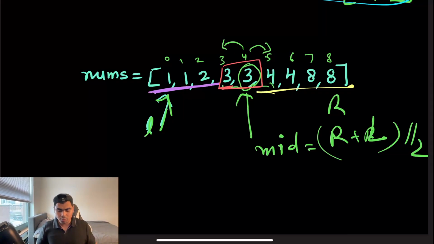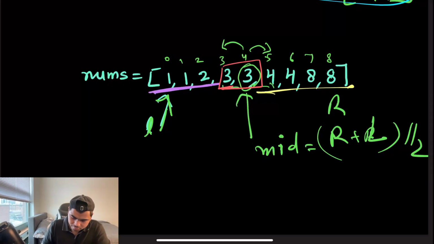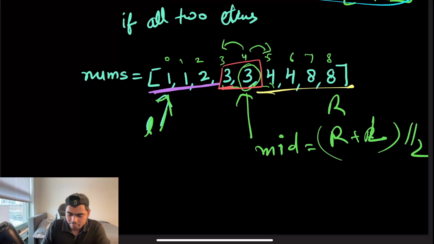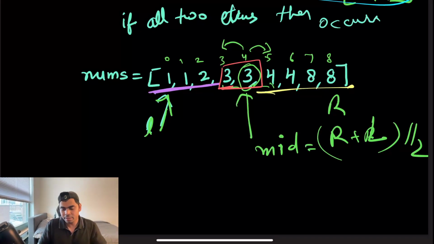But what we really want to check now is, if every element occurred twice, that means we would have an even number of elements, right? Then the occurrences of all the elements would be even. This is what I'm trying to say.